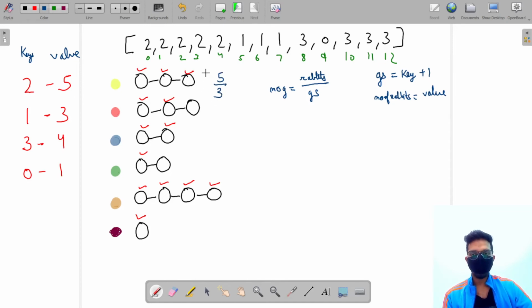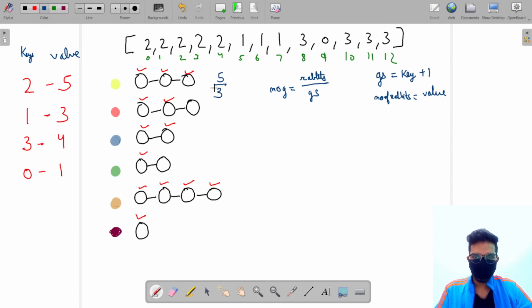Now we have to calculate the ceil of it. We will definitely get a decimal value, 1 point something, so we simply convert it into a ceil value. We already have a function, ceil. So it will be 2 in this case, the upper integer value.